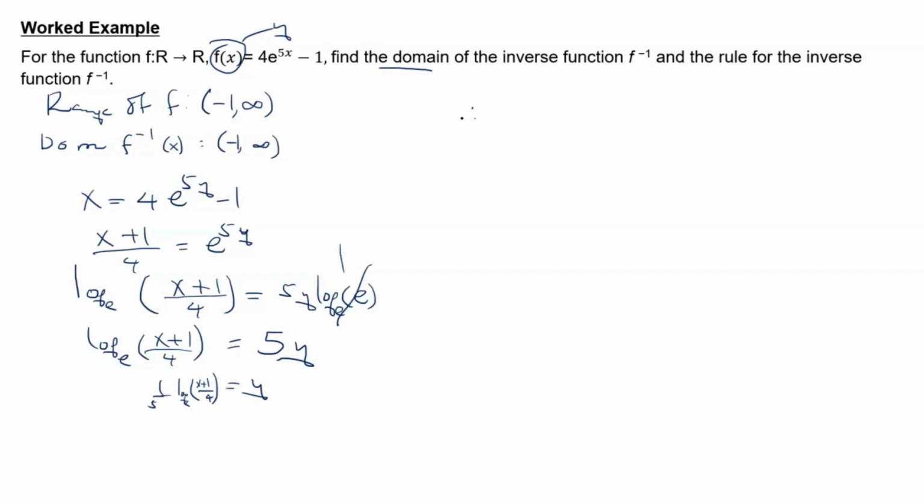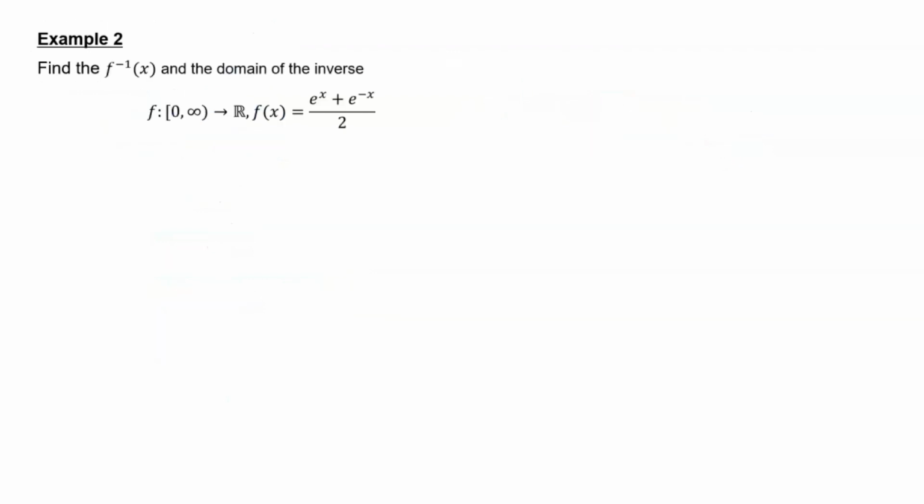So therefore my inverse f of x is as shown, and that's how you do the inversing. All right, let's have a look at another example based on this concept of inversing.